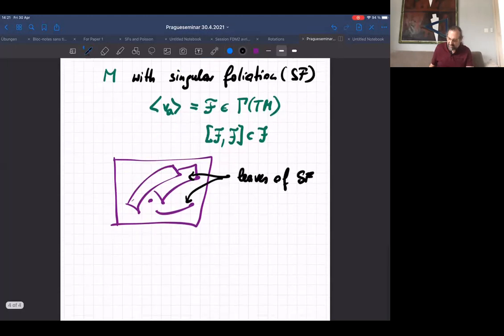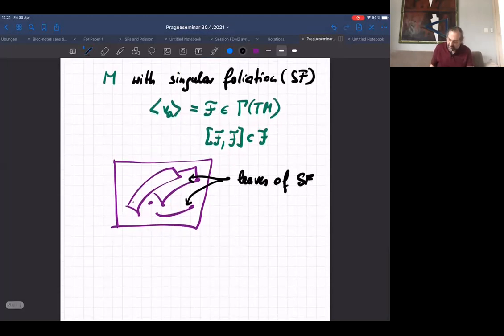And the simple idea is, so first of all, let us maybe rewrite what this last condition, F F inside F, means for these vector fields.